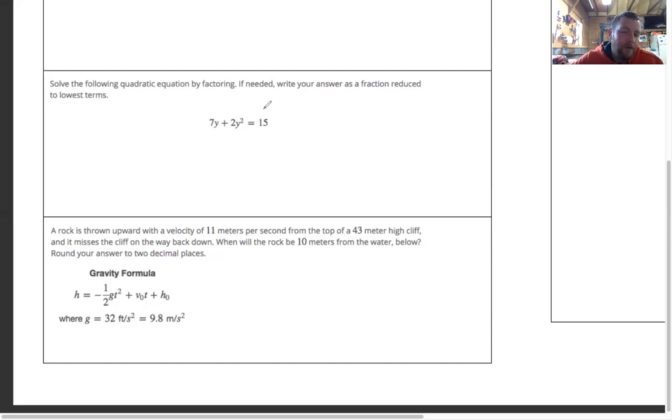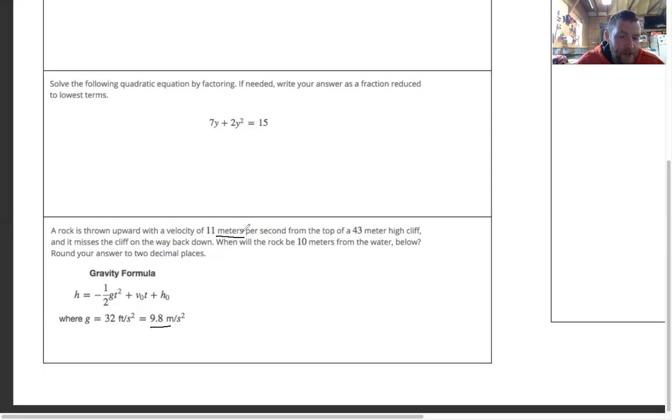If you went through physics at all, you need to know the difference between meters and feet. 9.8 meters per second squared is the same thing as 32 feet per second squared, and g is gravity. Whichever one they give you, this one's in meters, so you have to use 9.8.